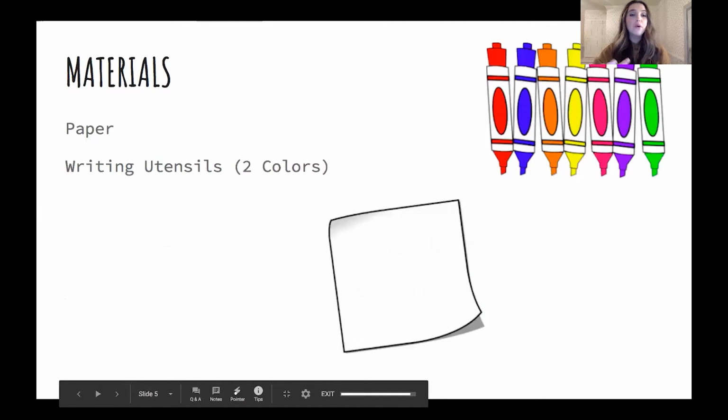Okay, so for this lesson, all you really need is paper and maybe 2 colors of writing utensils. Right here, I have several colors. I have lots and lots of colors. But if you only have 2, or even only 1, that's okay. We can make it work. And if you have a personal whiteboard that you would like to use, I'm going to give you a chance right here to pause this and go grab it.